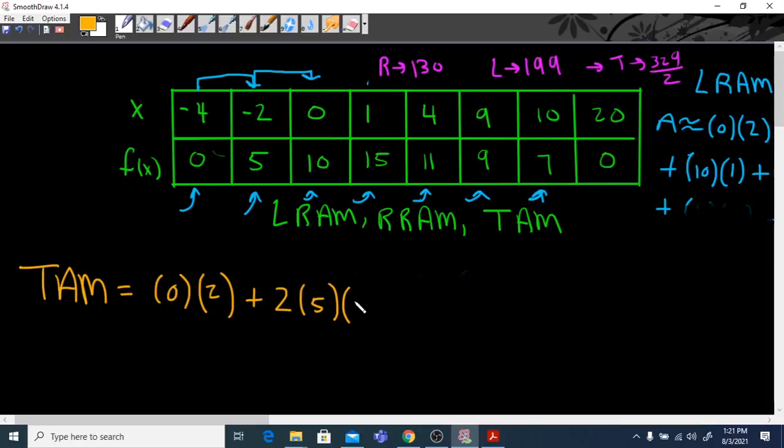So negative 2 to 0, it's going to be a 2. Plus, and then again, it's a middle term, so we get a multiplication by 2. Y value is going to be 10. And then let's think here. Delta x sub 1, delta x sub 2, delta x sub 3. That is going to be 1.